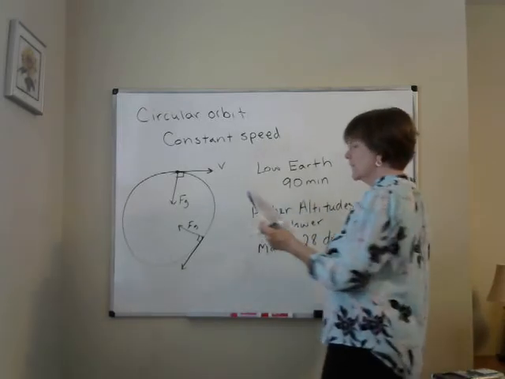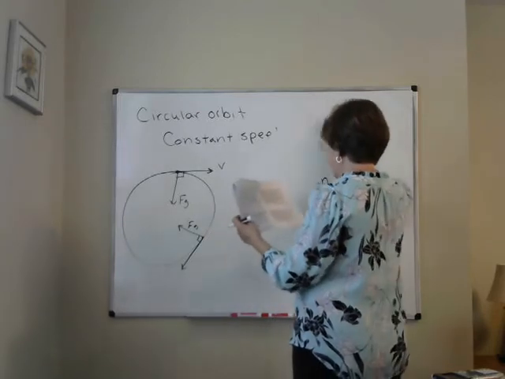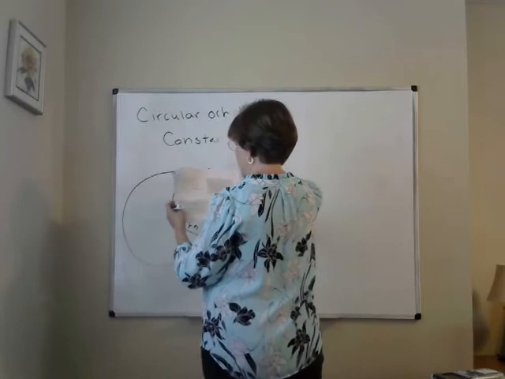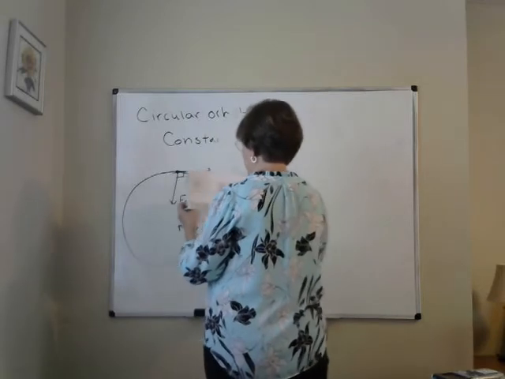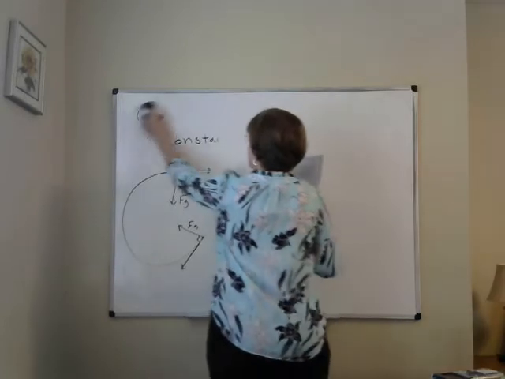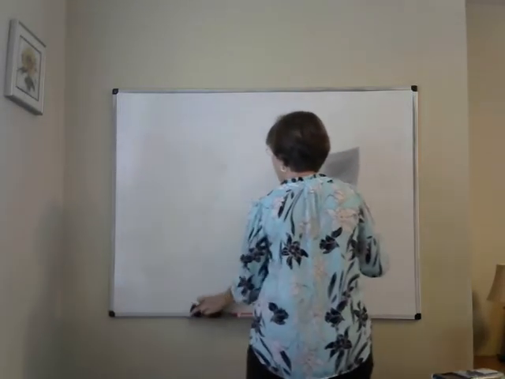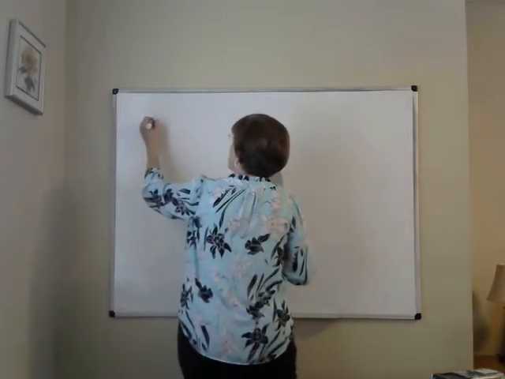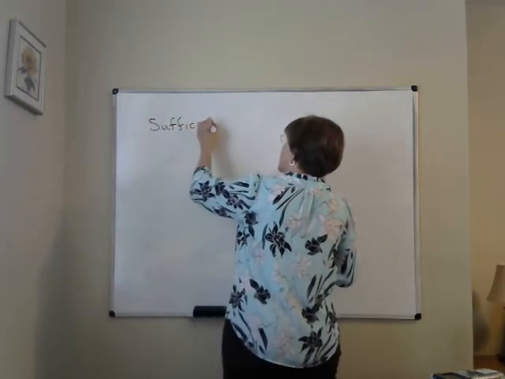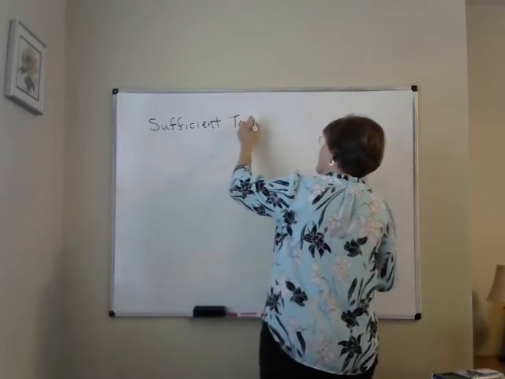So what are the requirements to get into orbit? Let's make sure we know what's absolutely necessary. First of all, in order to go into orbit, you have to have a sufficient tangential velocity.